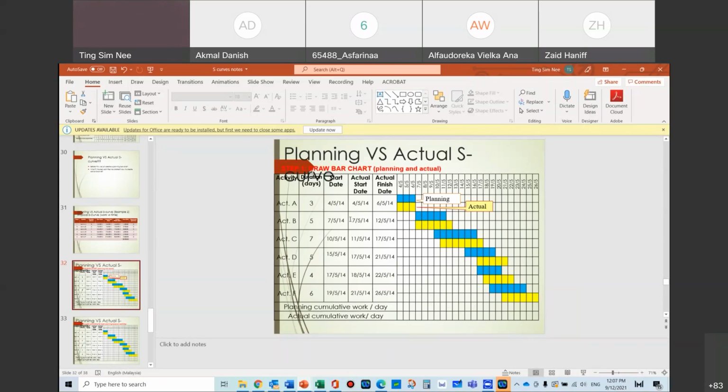Then I can do my EV technique. That would be how we are looking at this actual versus planning.